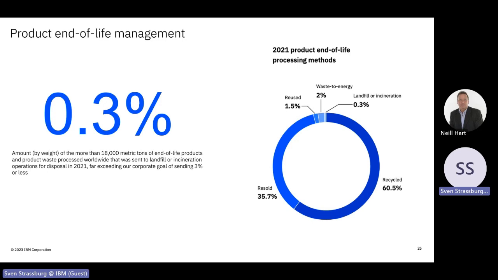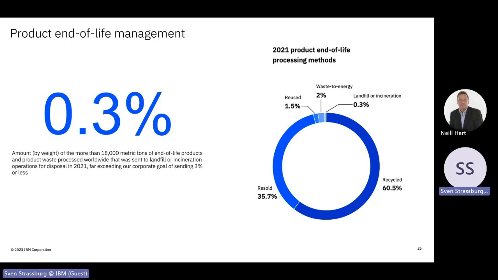So what does that really mean from our point of view? We look at the end-of-life waste of our products. We generate somewhere in the region of 18,000 metric tons of waste. We have a policy that states that we will allow 5% to go to landfill, but the reality is that we only send 0.3% to landfill.